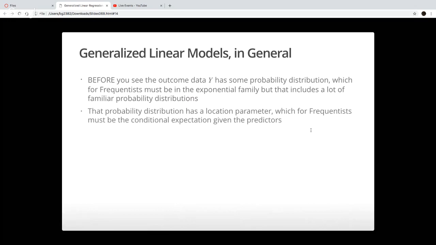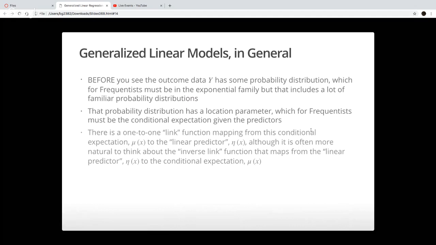That probability distribution for the data before you see it has some location parameter to it, which for frequentists absolutely has to be the conditional expectation of the outcome given the predictors. For Bayesians, again, it doesn't necessarily have to be, but typically is.